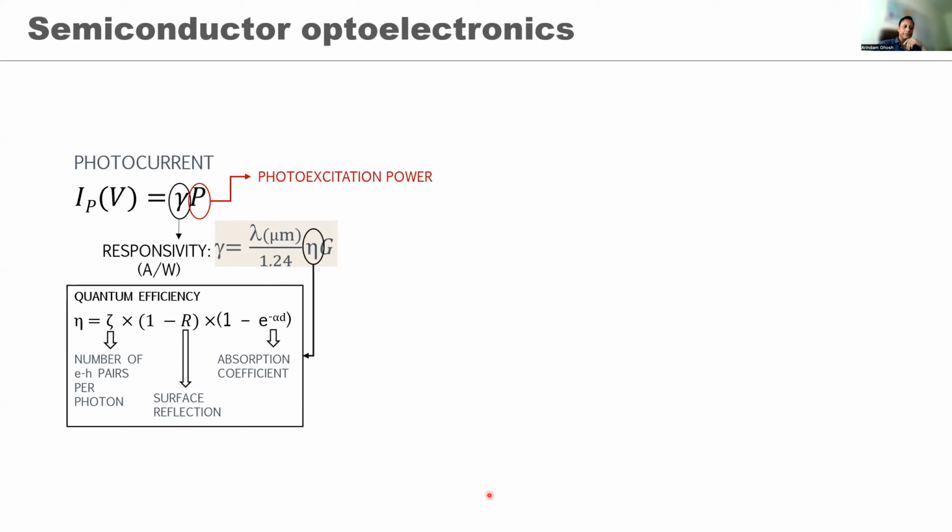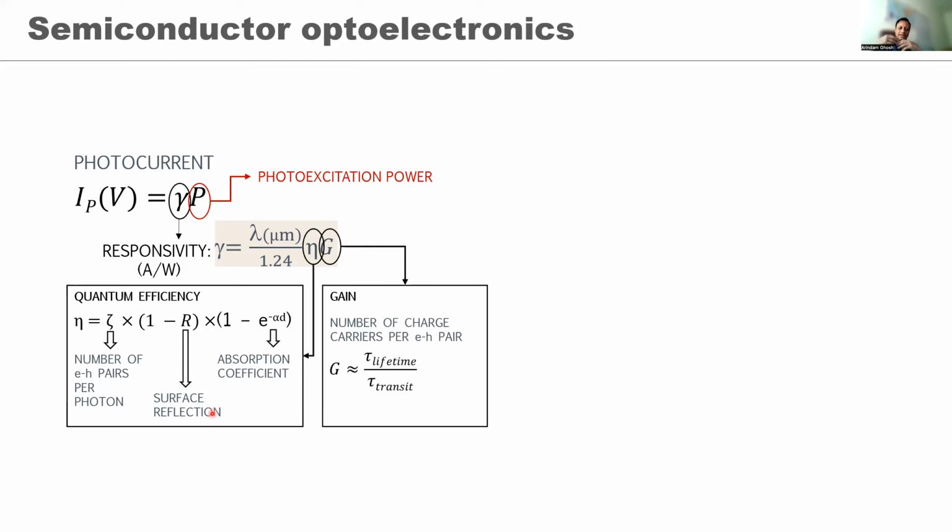I think the number of electron hole pairs per photon that you create is the internal quantum efficiency. So each photon comes and strikes your system and creates electron hole pairs. There are some additional terms because of surface reflections, etc., but those I'm going to ignore for the time being.